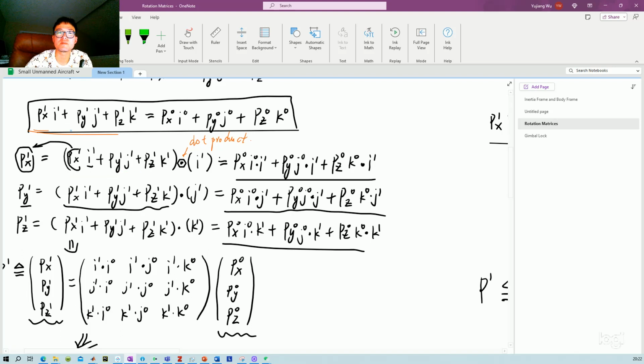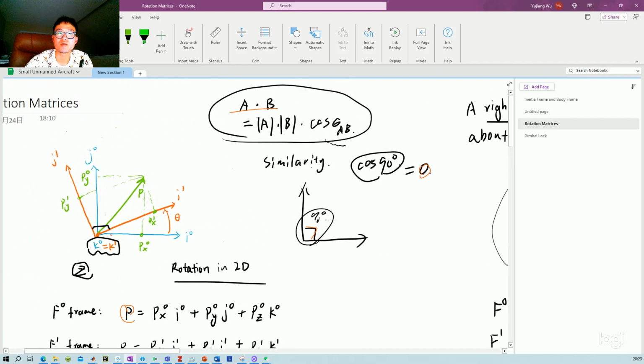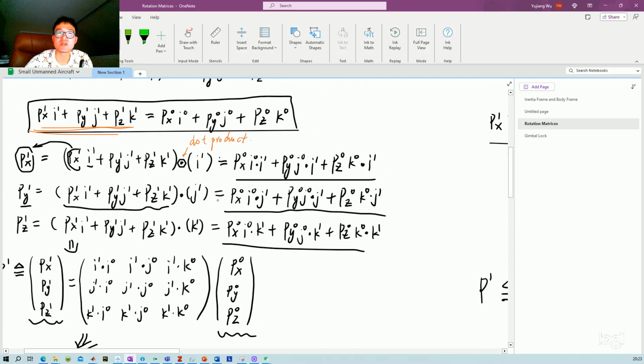this vector represented in frame 1 with the unit direction I1 here, it will extract the magnitude of px1, because in the dot product of these two, they are all unit vectors, and the theta between those two is 0.